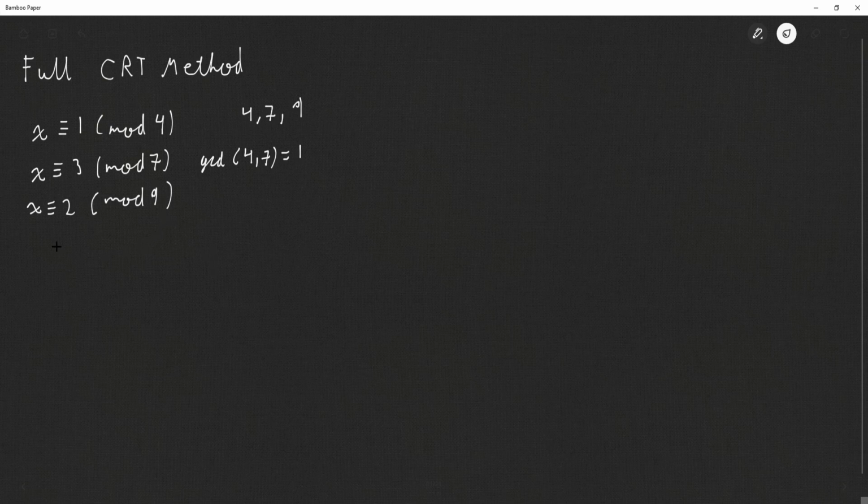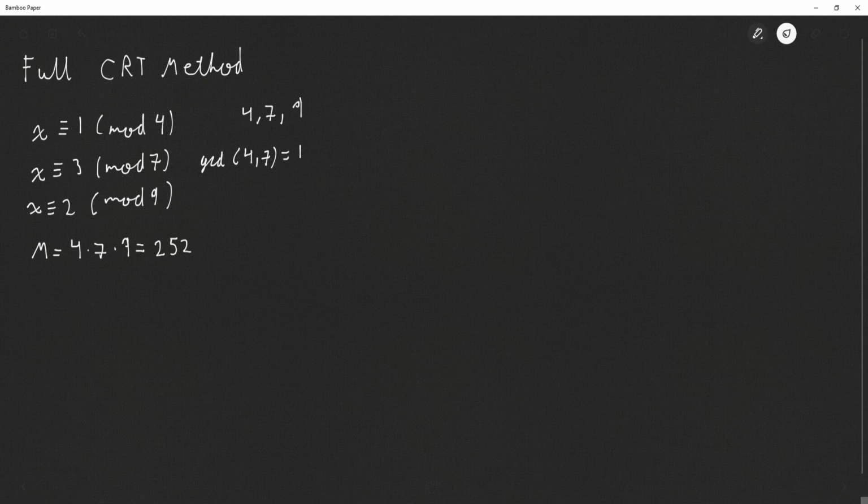So what we need to do is compute the product, which is taking our capital M, equal to 4 multiplied by 7 multiplied by 9, which here will give us 252.